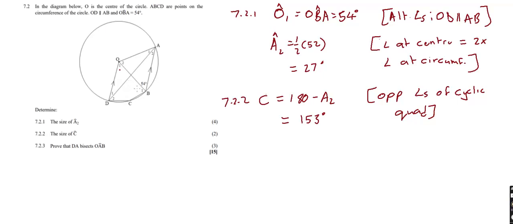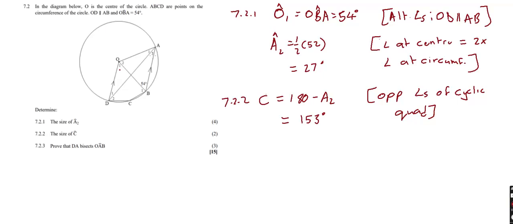So where might we start with this? We have O1. Let's see. O1 is the one that gave us A2.